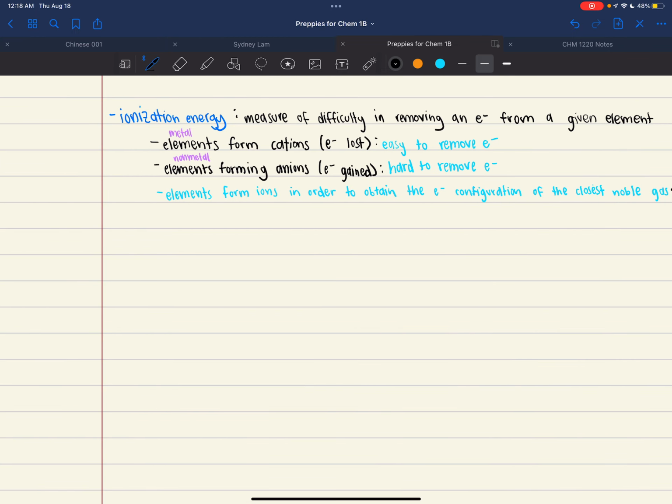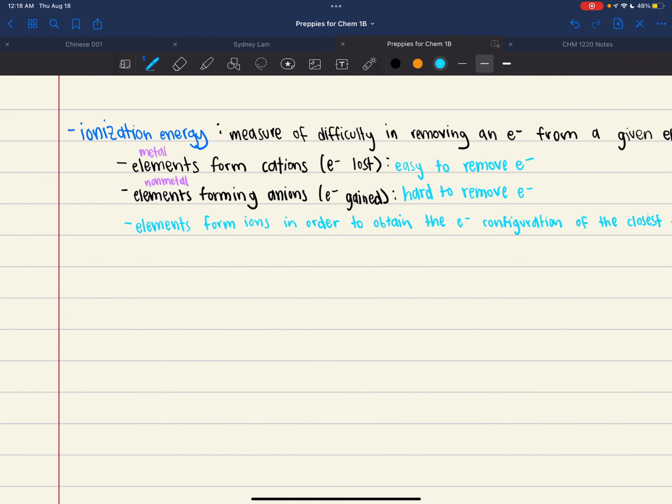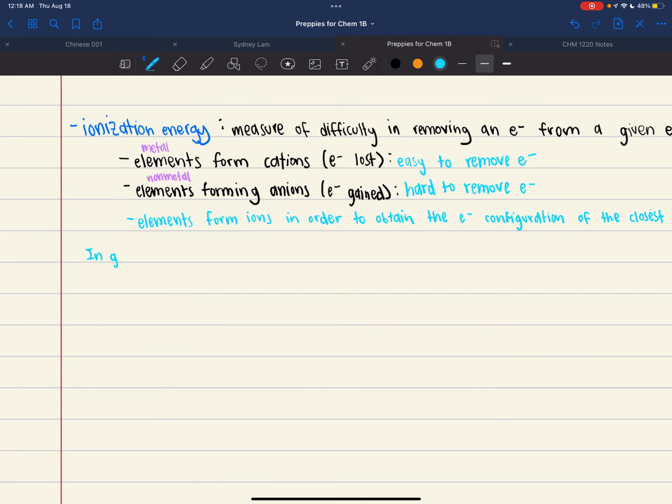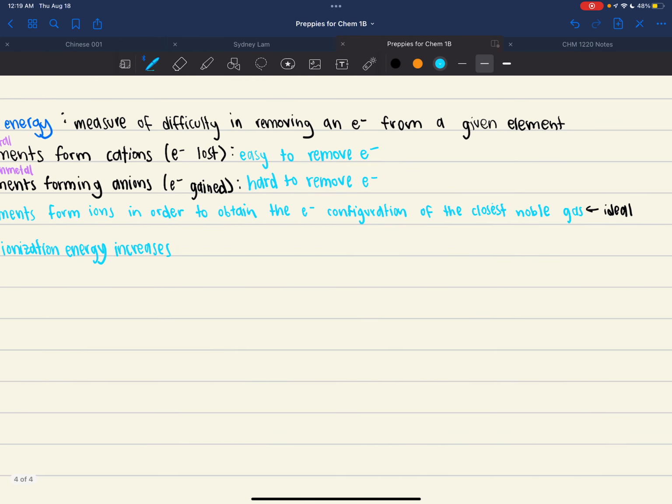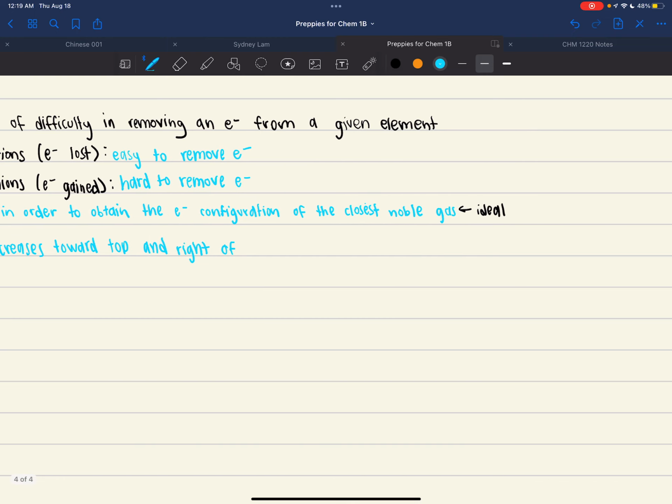Keeping that in mind, in general, the ionization energy increases, and ionization energy is the difficulty, so it's more difficult to remove an electron as it moves toward the top and right of the periodic table.